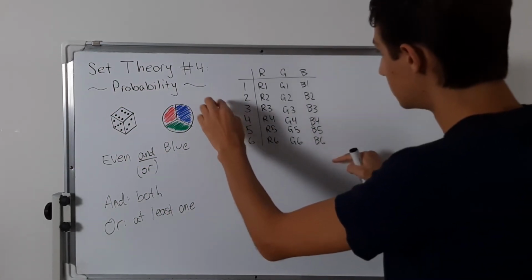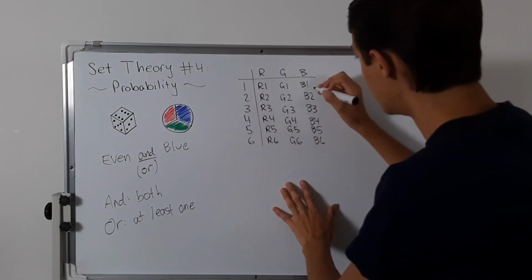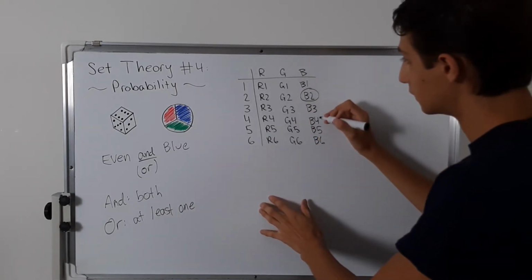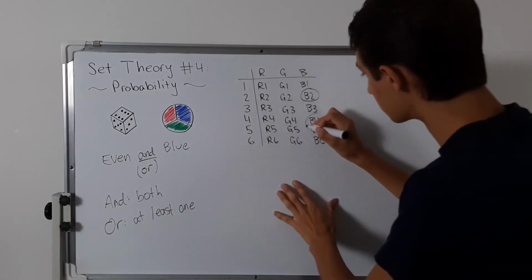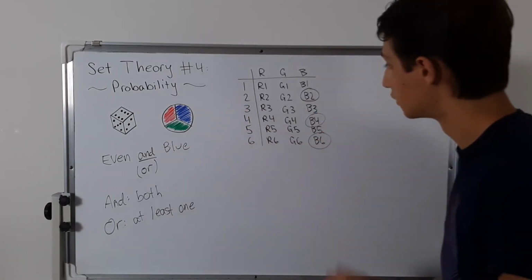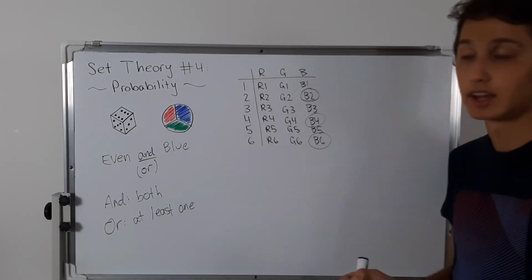So both conditions have to be met. And so it's going to be this blue, and then this 2. Their intersection is going to be here, okay? And then this blue, we see the 4, that's also even, so that works. And then we see blue, and then the 6 also works. So those 3 work.